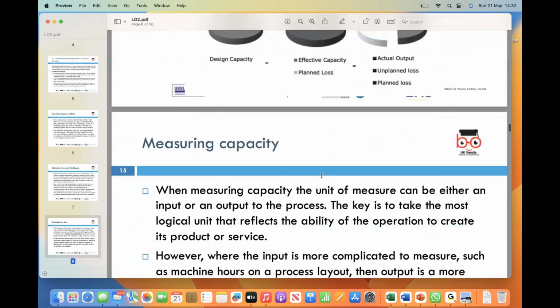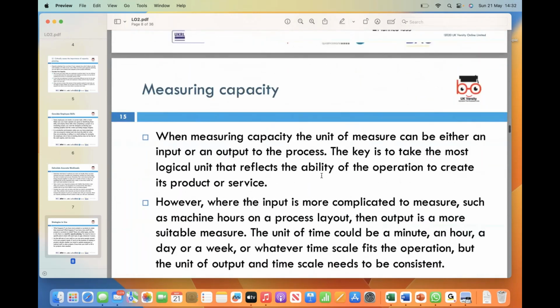Measuring capacity. When we measure capacity, the input is straightforward. For instance, if we have a clear understanding of the amount of raw materials, labor, or equipment required, we can use those as our input measure of capacity. There are situations where measuring the input can be more complex.